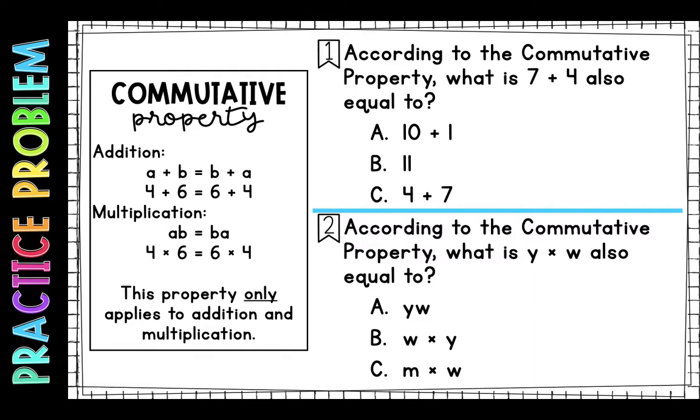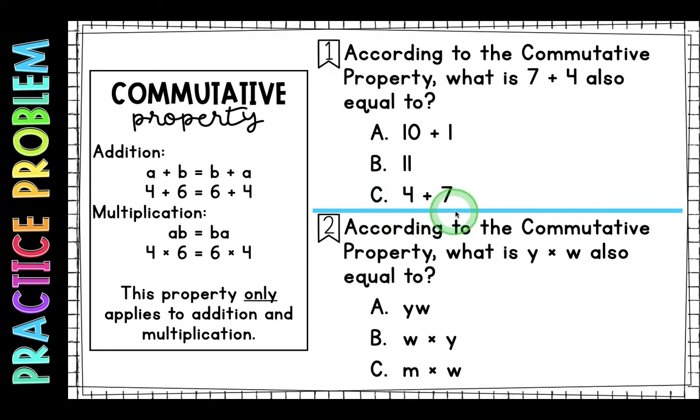All right, let's go ahead and just go over this. So the commutative property says that when we're adding or multiplying numbers, the order doesn't matter. And so all of these options for the number 1 are actually true. 7 plus 4 is equal to 10 plus 1. It is equal to 11. But only this final option represents the commutative property.